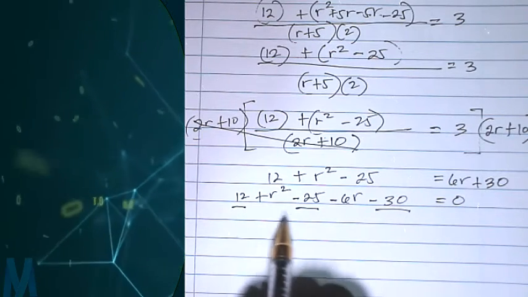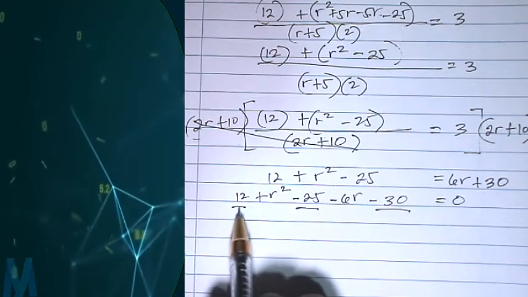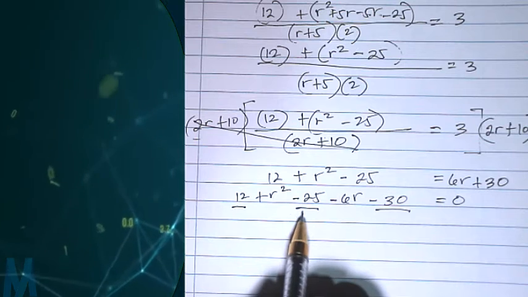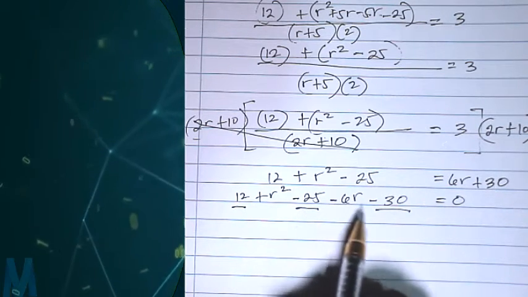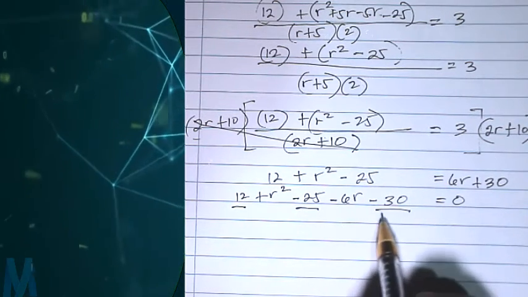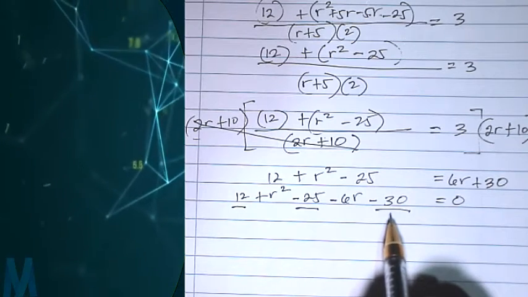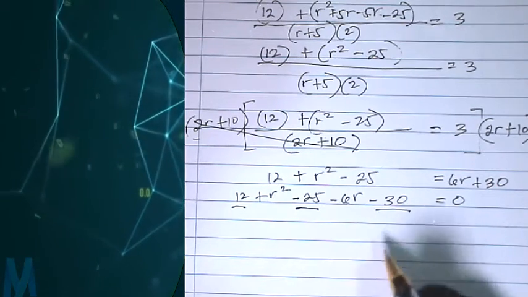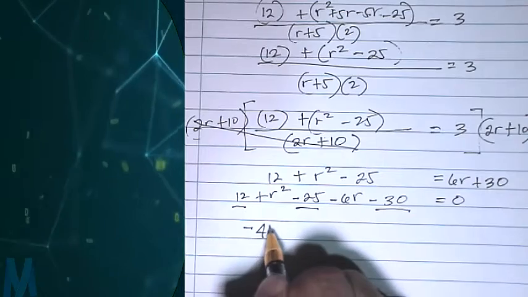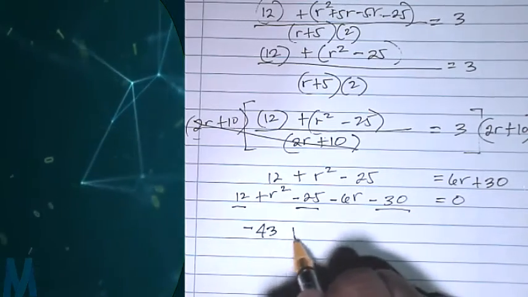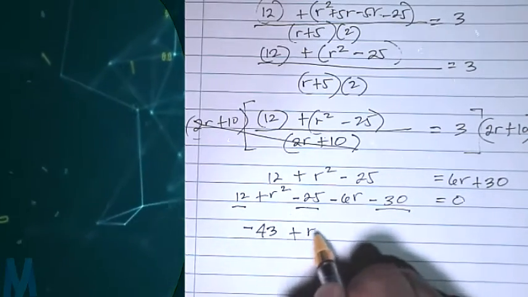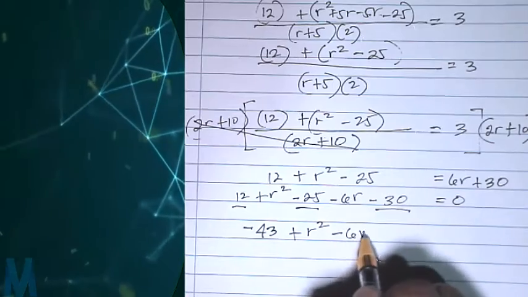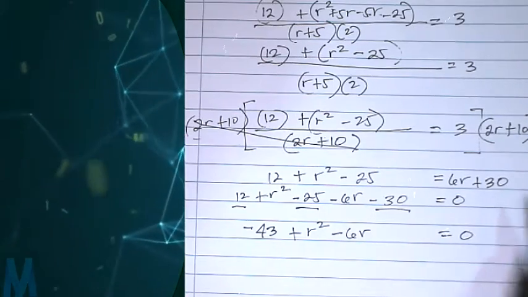So again, 12 minus 25 is negative 13. Negative 13 minus 30 is negative 43. So we have negative 43 plus, bring down yung r squared, minus 6r is equal to 0.